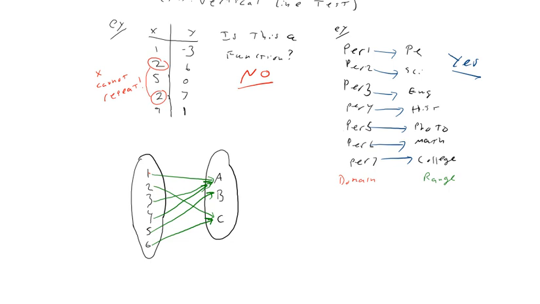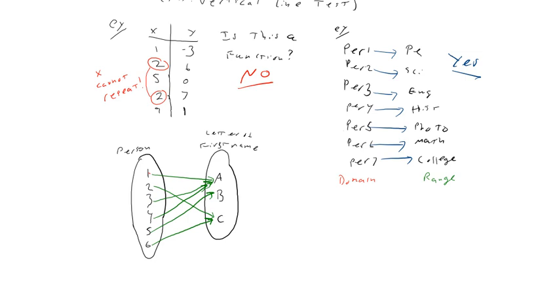So this is person, and this is the letter of their first name. Is this a function?